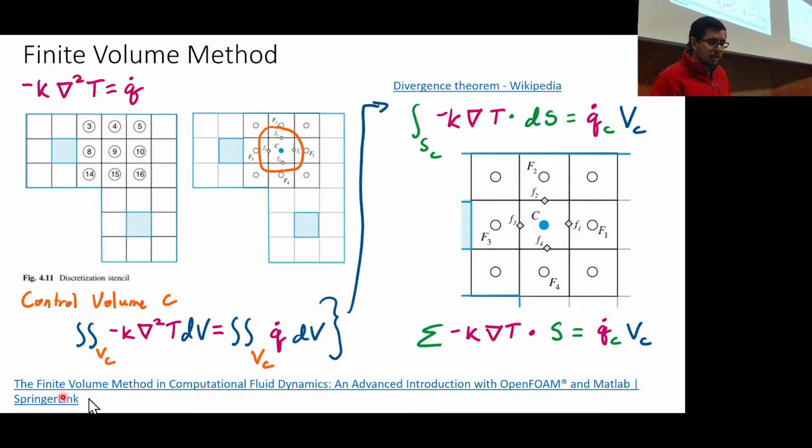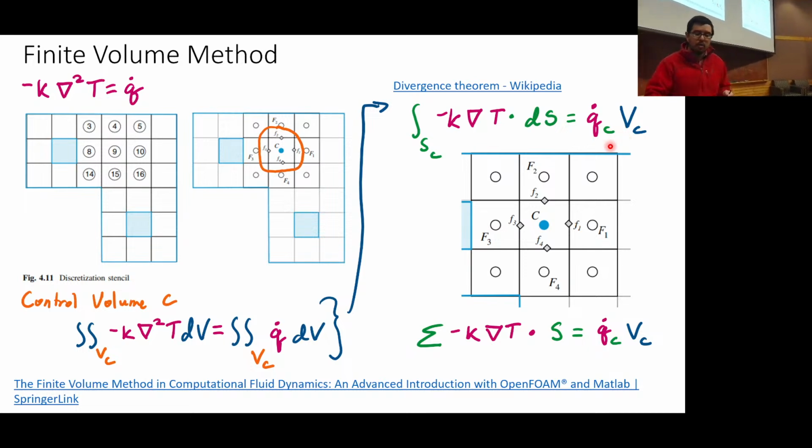So this component over here gets converted over to this component right here, dotted with dS. And on the right side, we're not using the divergence theorem. We're just saying integrate dV. It becomes the volume of the control volume, and it's just multiplied by q dot.